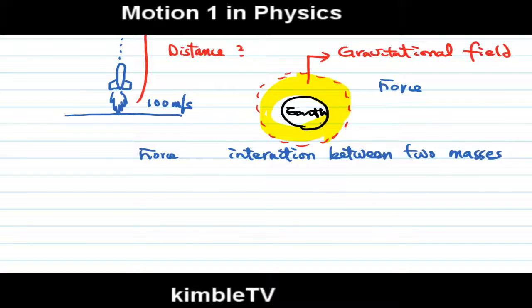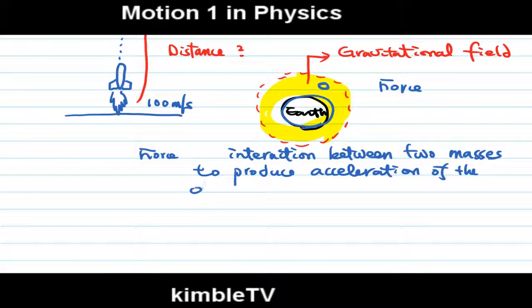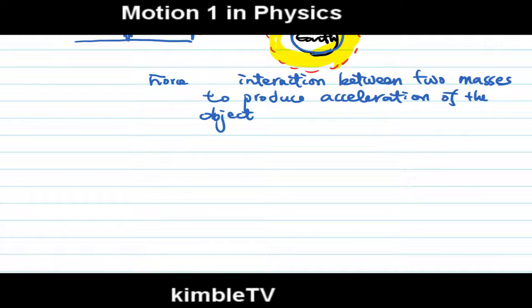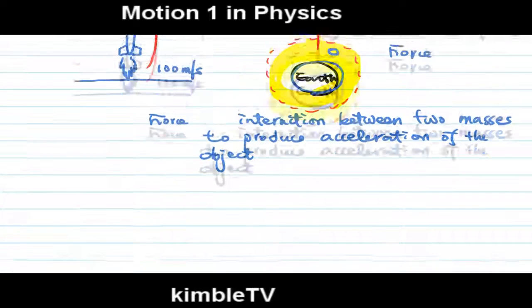For example, one is the Earth, the other is the object within the gravitational force, to produce acceleration of the object. For this reason, any object within the gravitational field falls towards the center of the Earth.